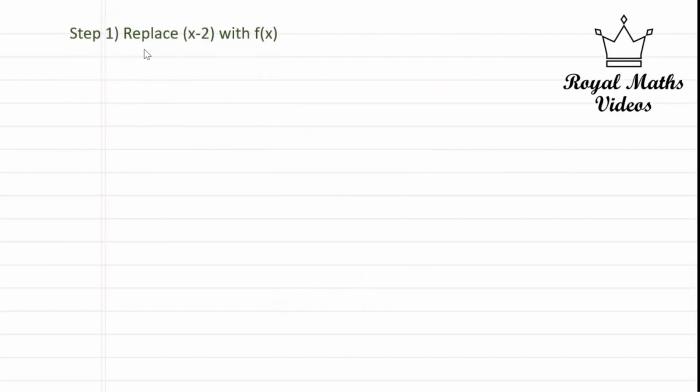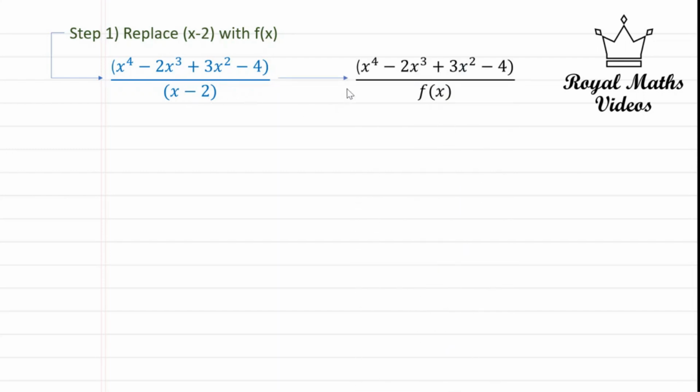Okay, so the first step is to replace x minus 2 with f of x. So x to the power of 4 minus 2x cubed plus 3x squared minus 4 over x minus 2 becomes the same equation on top, but the bottom changes from x minus 2 to f of x.